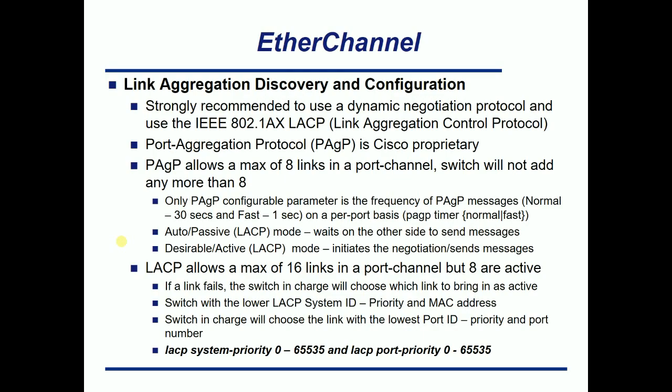Now for LACP, it allows a maximum of 16 links to be in a port channel, but only 8 of them are active. So just in case one of the 8 links fails, since I have 8 other backup links, LACP will choose which link to come in and bring it as active. So if a link fails, the switch in charge will choose which link to bring in as the active link.